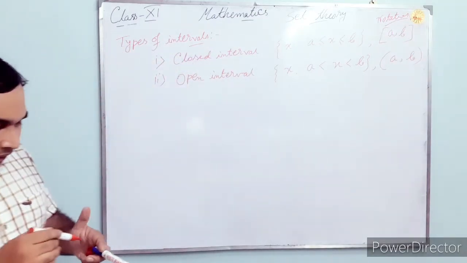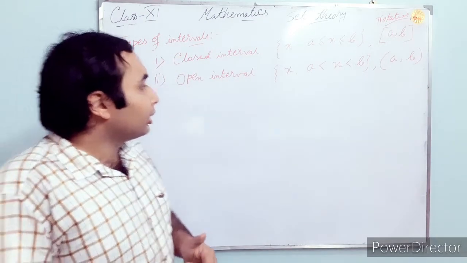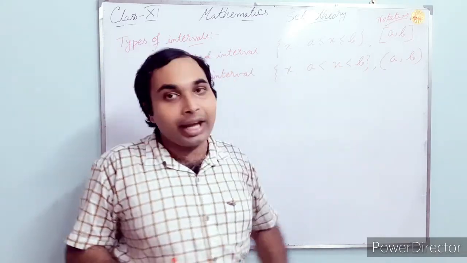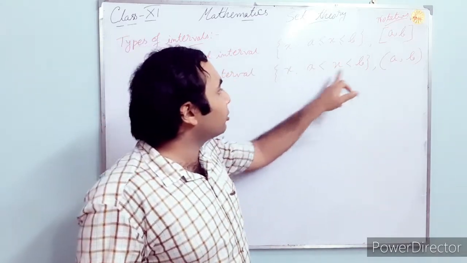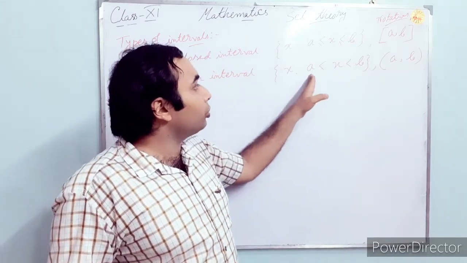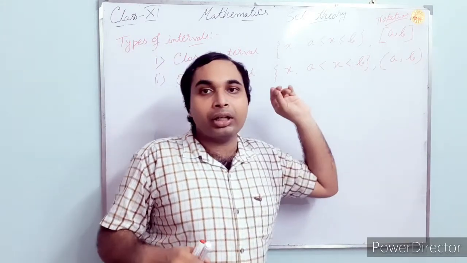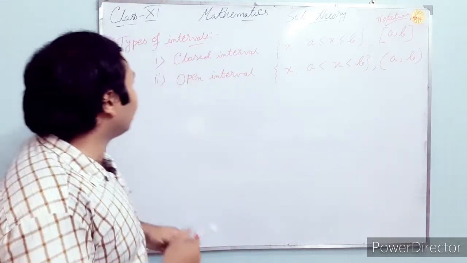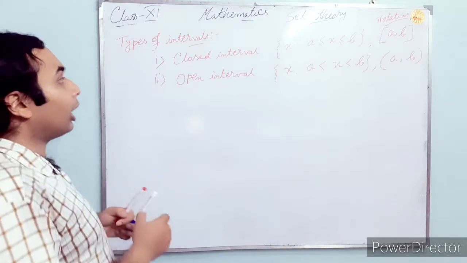Within the parentheses, x can take each and every value in between a and b, but it cannot take the values of a and b. It will be so near to a and so near to b, but it will not take the values of a and b.